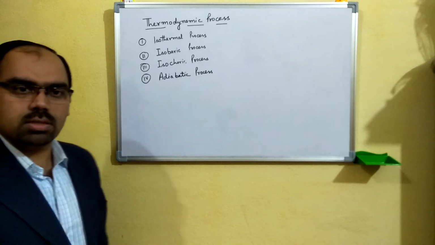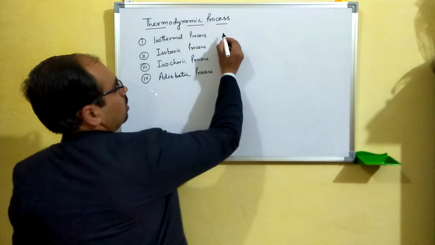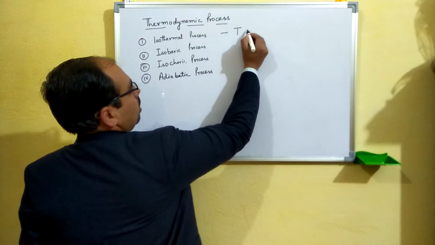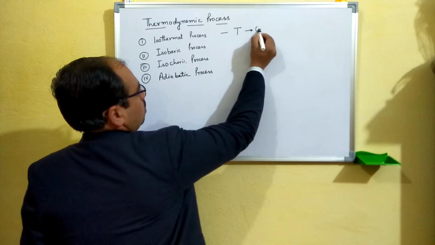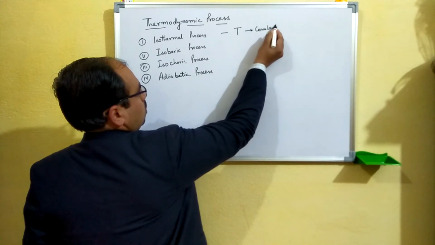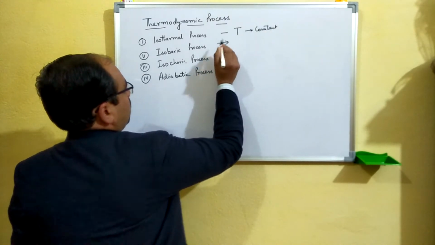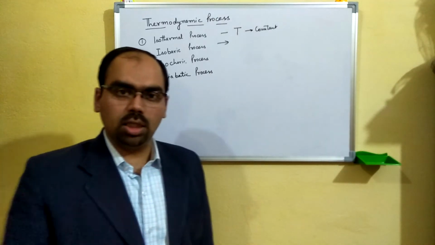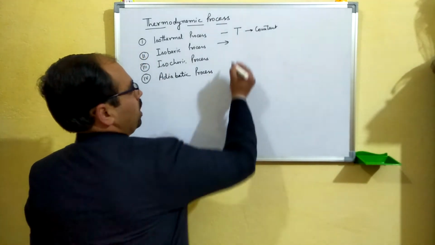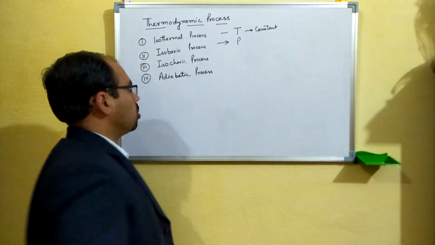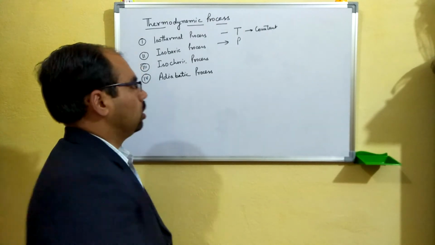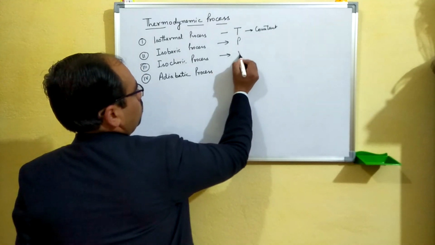In the first process, as we have defined, your temperature T is going to be constant. Similarly, in isobaric, the other thermodynamic variable, pressure, is going to be constant. In isochoric, volume is going to be constant.